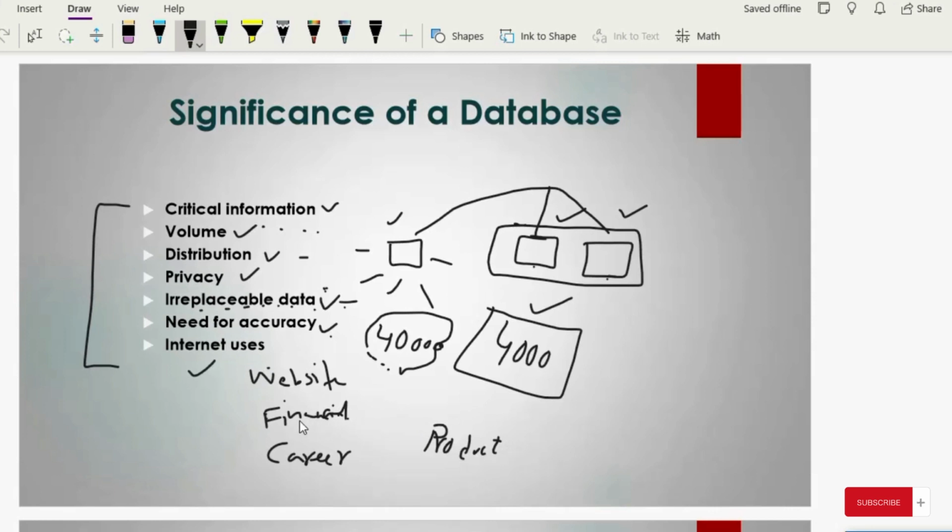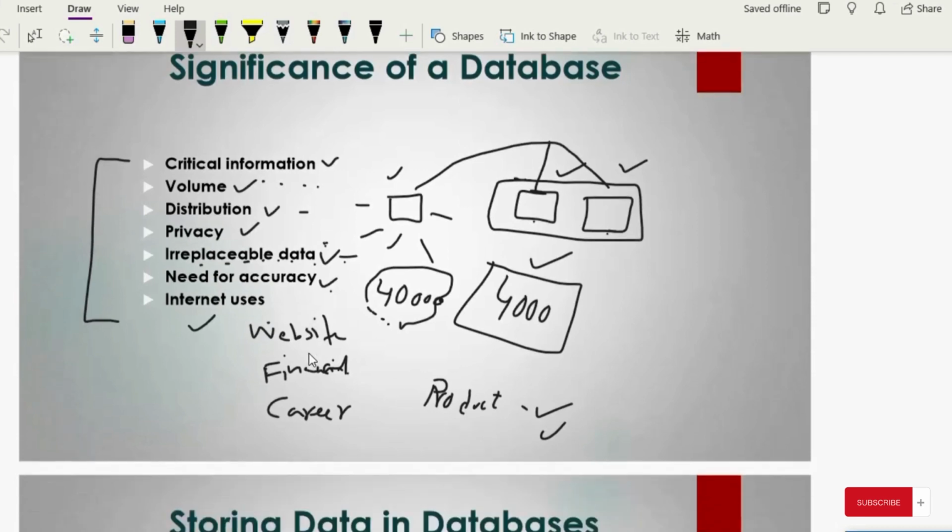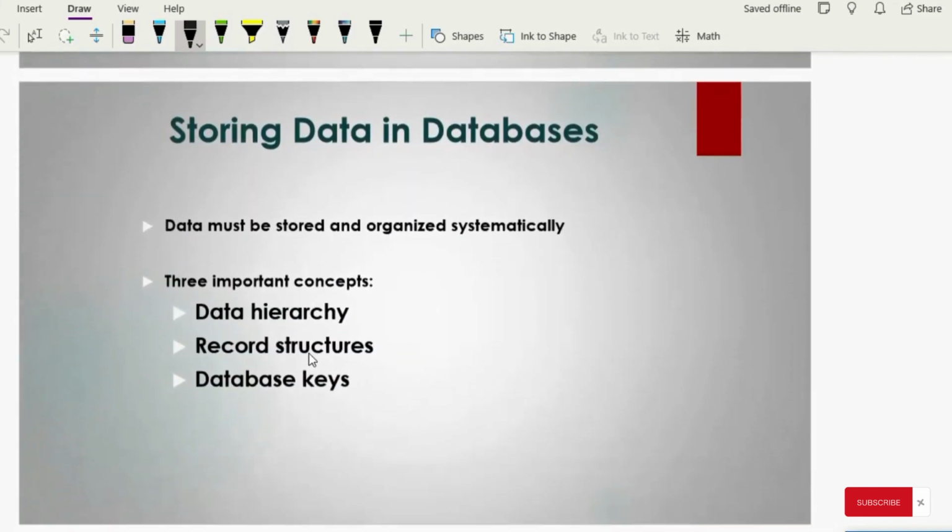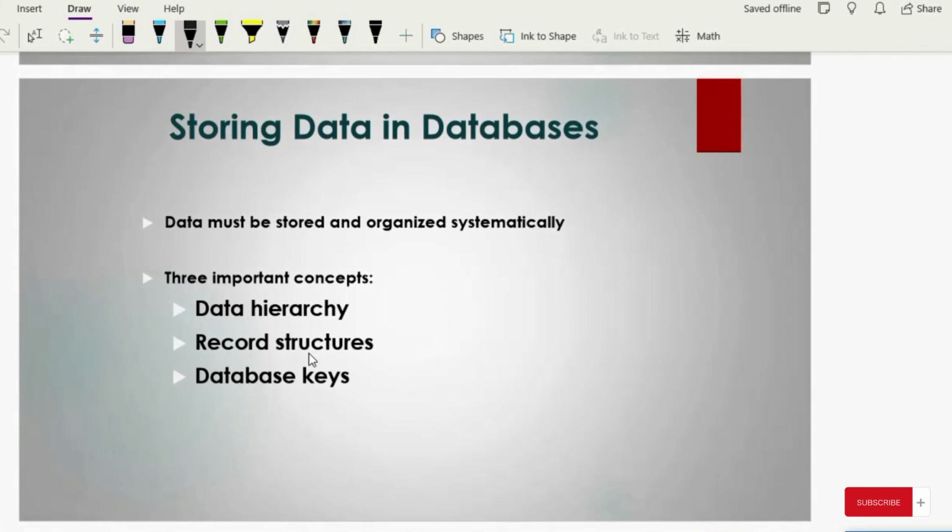So databases are important for internal as well as external users. But when a database is accessible by external users, again the security should be taken care of. So these are the points which tell you how databases are important or significant for the organization.